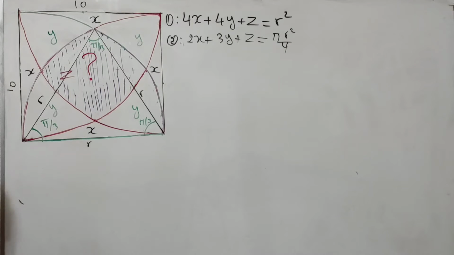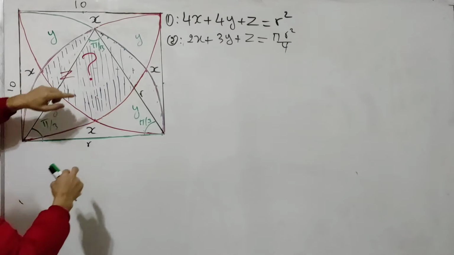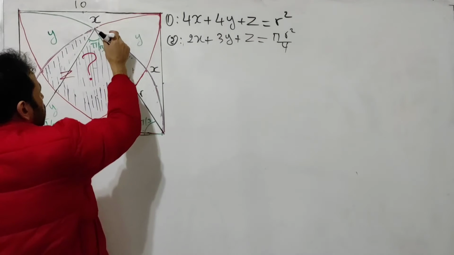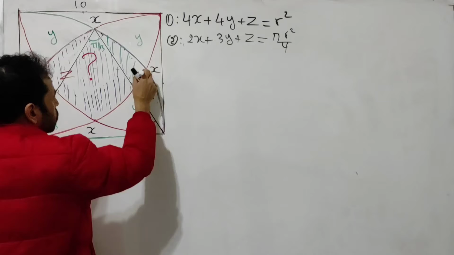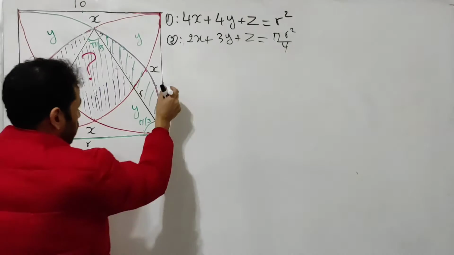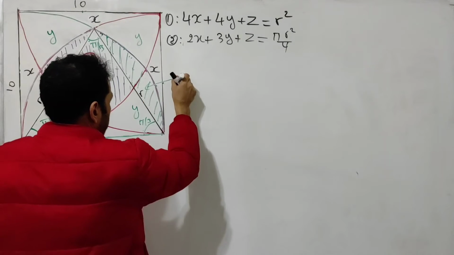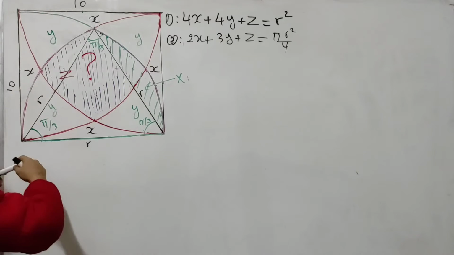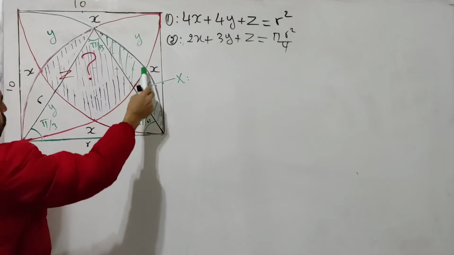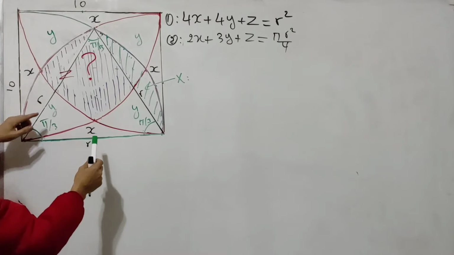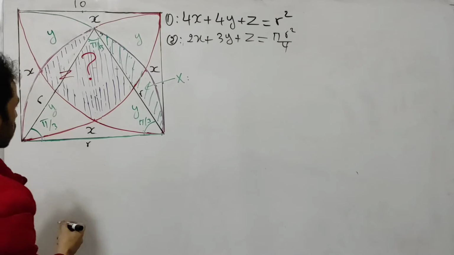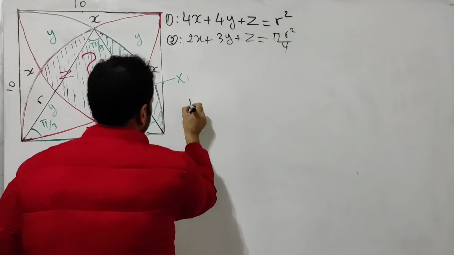So now, in order to calculate the area of this parabola, I'm going to calculate the area of this portion, okay? Let's put it in green to make it clearer. Let's call this area a big X area, okay? The area of this portion is equal to the area of this piece of the circle minus the area of this triangle, okay? Let's calculate the area of this triangle first.